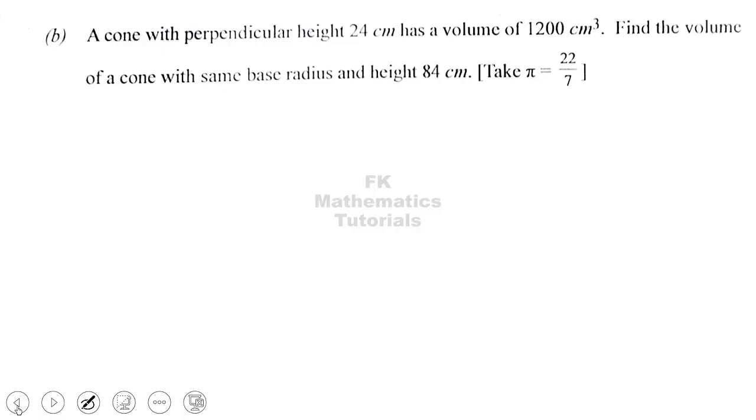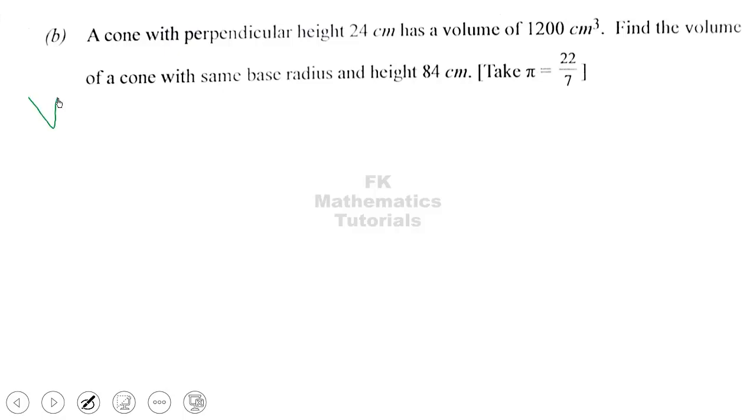Here is the B part of the question. A cone with perpendicular height 24 centimeters has a volume of 1200 centimeter cube. Find the volume of a cone with the same base radius and height 84 centimeters. We are taking pi to be 22 over 7.